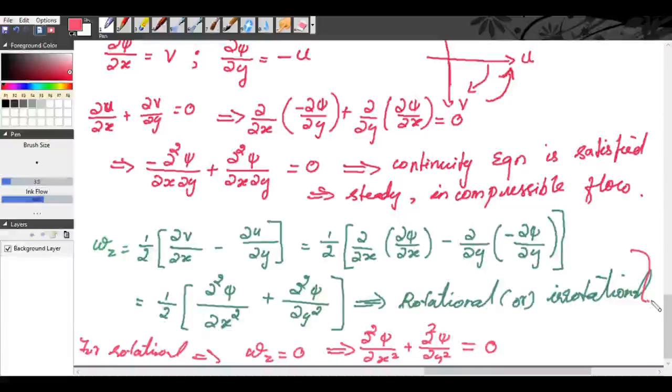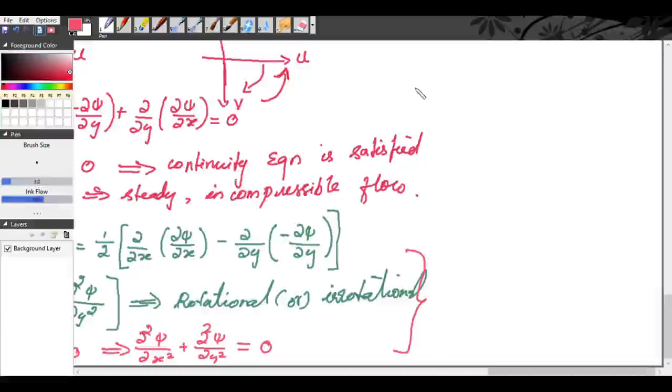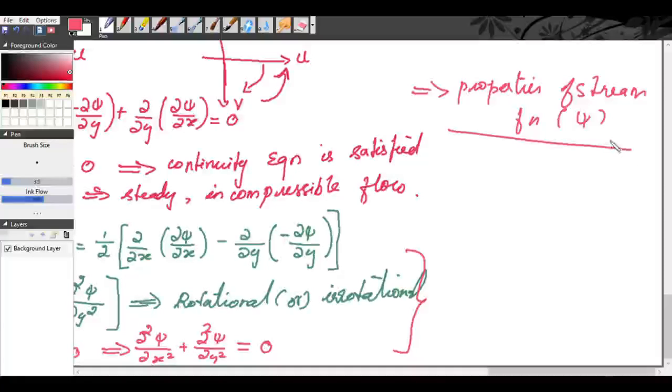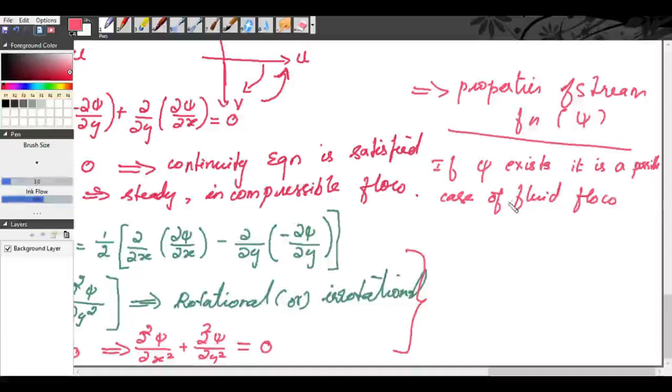So from these, what we can conclude are the properties of stream function psi. Number 1, if the stream function psi exists, it is a possible case of a fluid flow, and this can be rotational or irrotational.